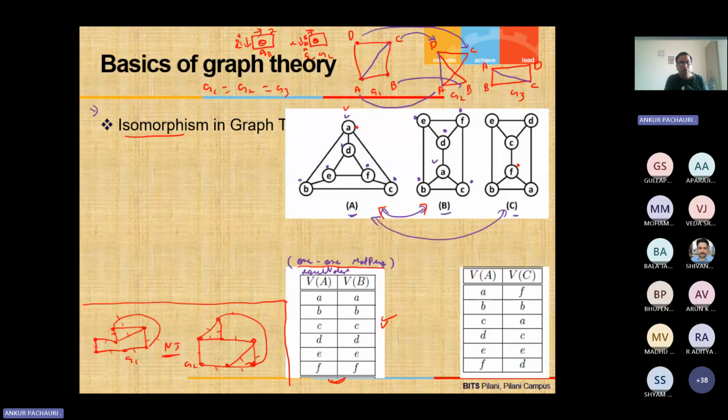This sequence of nodes will be my one-to-one mapping. If I am able to do so, I'll say that those two graphs are isomorphic to each other.